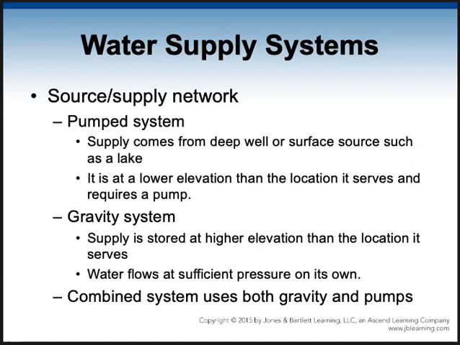But most of the time, you're going to find combined systems where they use both gravity and pumps together. We're going to look at the pumped systems and the gravity systems, but basically a pump system supplies from a deep well or from a lake to the community. A gravity system is going to take a higher elevation and use gravity and the pressure that is increased by gravity and bring it to the community that way.